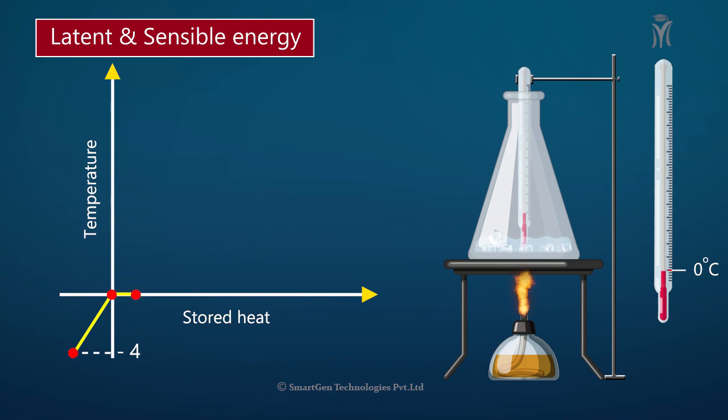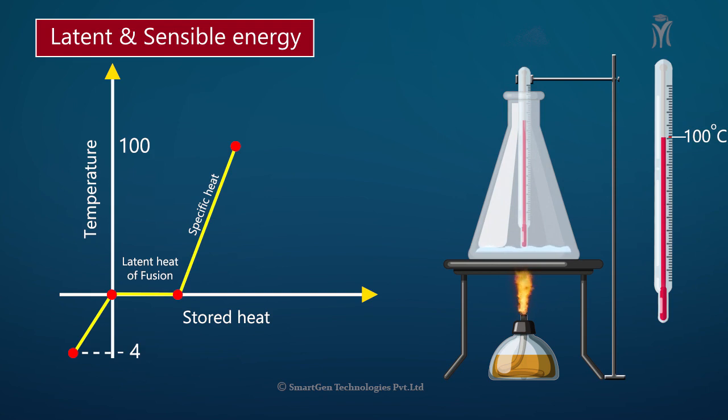Meanwhile, ice starts melting and converts to liquid state, water. When the entire ice has melted, the temperature starts rising and reaches 100 degrees Celsius. Again the temperature starts rising when the water converts into its gaseous state.